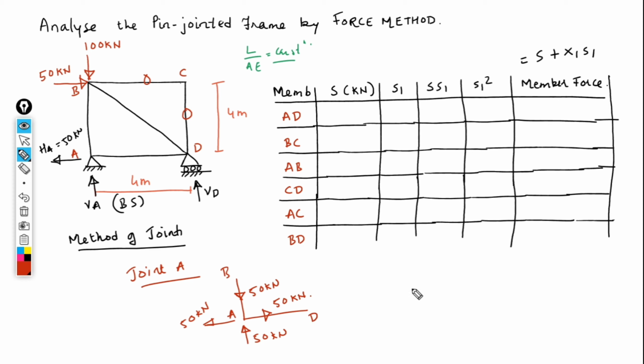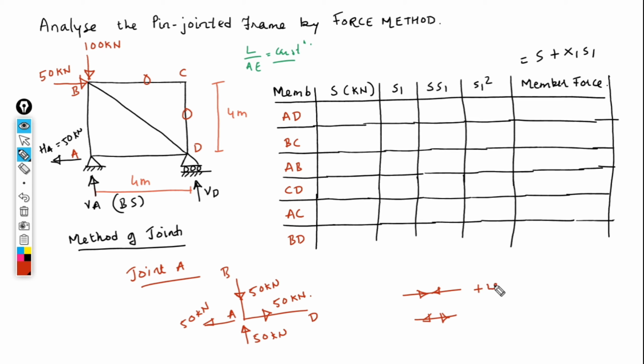These are the member forces, and we can also learn the sign convention. If the member forces are away from the joint, then it is positive. If the member forces are towards the joint, then it is negative. Away from the joint is tension and towards the joint is compression.